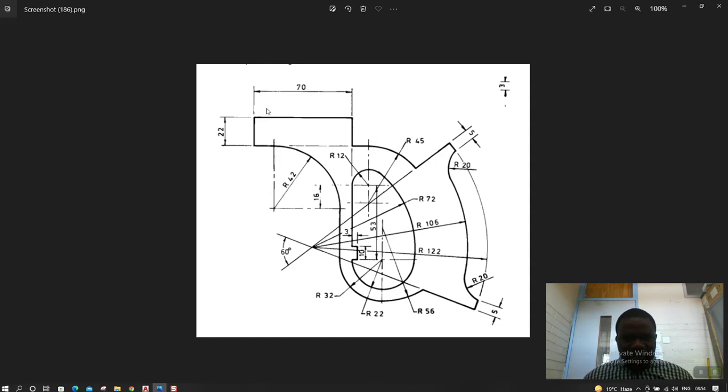So it means if we can locate the center from here at 70, we drop down here, then from here, because we have identified that this is 10 millimeters, we come from this line to this, we measure 10 to this, and after measuring 10 it means we are in a position to draw a line that is here, which is a vertical line.